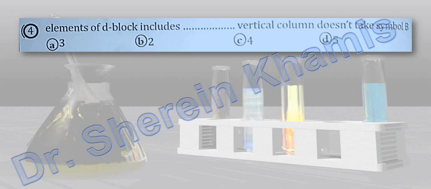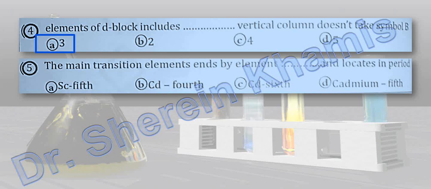We start with metal, in the middle of the period we have semi-metal or metalloid, and before the end we have non-metal, and non-metallic property increases till we reach the end of the period. So we have here a non-metal. So we locate cadmium. The main transition elements end with cadmium, and it is located in the fifth period.